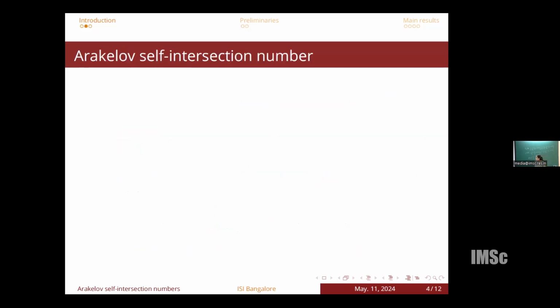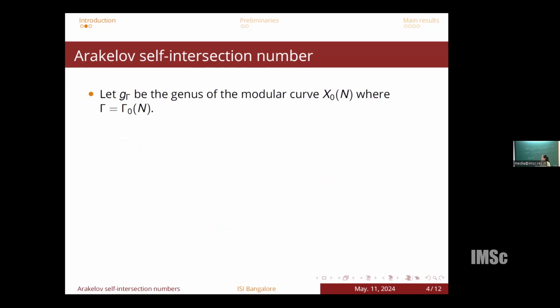Now I define the Arakelov self-intersection number on that particular modular curve. Let g_Γ be the genus of this modular curve X0(n). There is a formula for the genus.